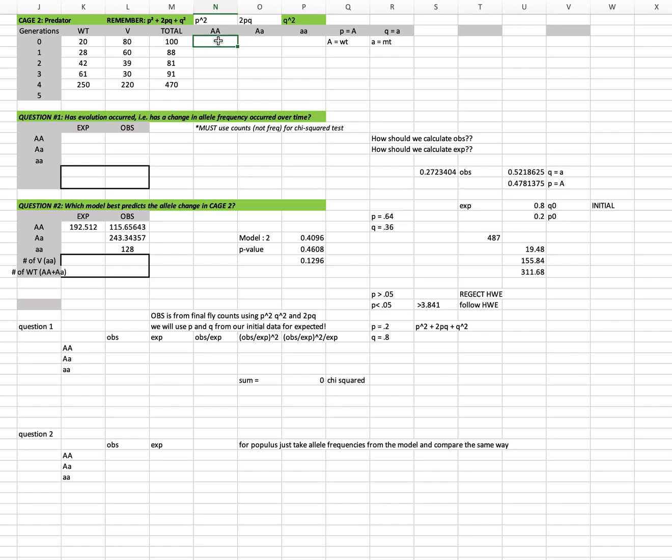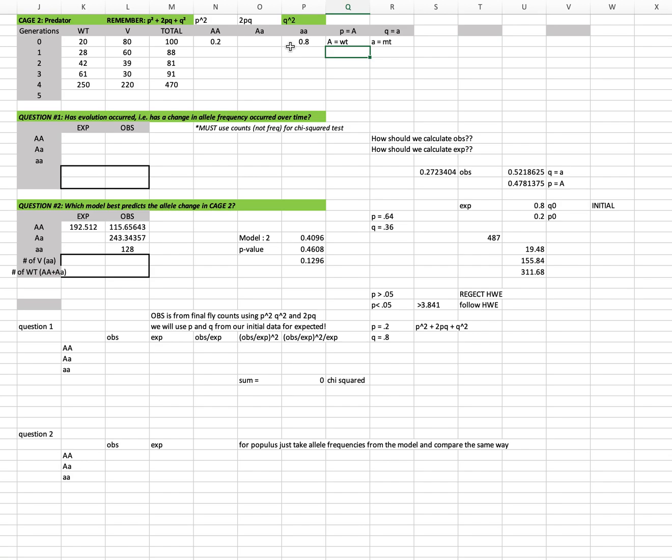So we know that our frequency of big A is 0.2, and the other 80% of our flies were homozygous recessive. That means we have 0.8 for little a. To double check, we can add these up and they should always add to 1 because we're looking at frequencies.